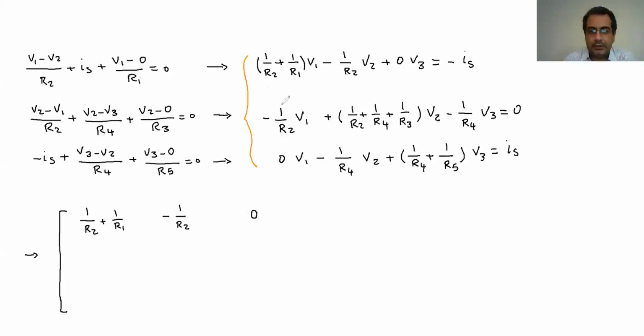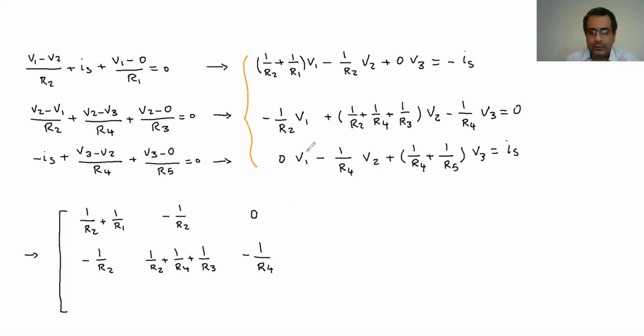The second line, I write just the coefficient of V1, V2, and V3. The coefficient of V1 is negative 1 over R2. The coefficient of V2 is 1 over R2 plus 1 over R4 plus 1 over R3. And the coefficient for V3 is negative 1 over R4.